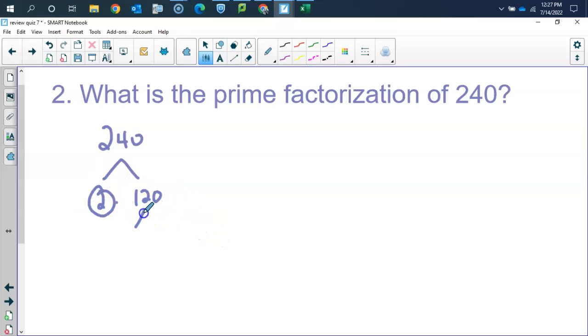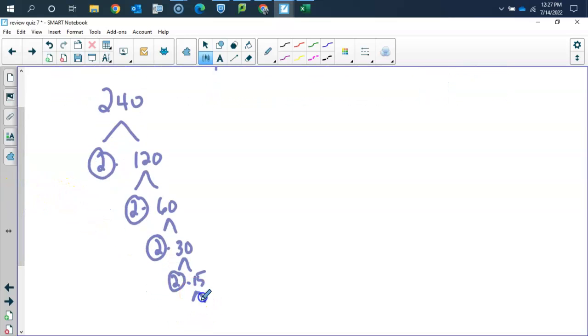Then I keep factoring. 120 is 2 times 60. I circle that. 60 is 2 times 30. 2 is prime. 30 is 2 times 15. 2 is prime. 15 is 3 times 5.